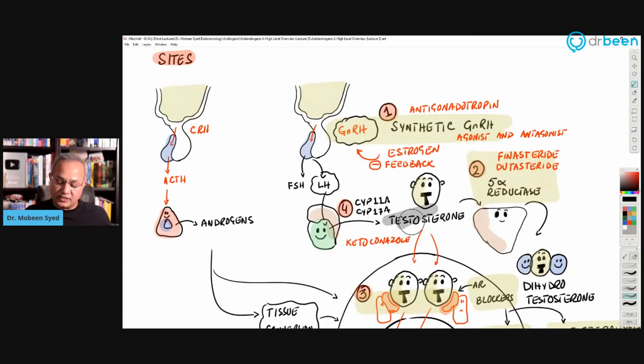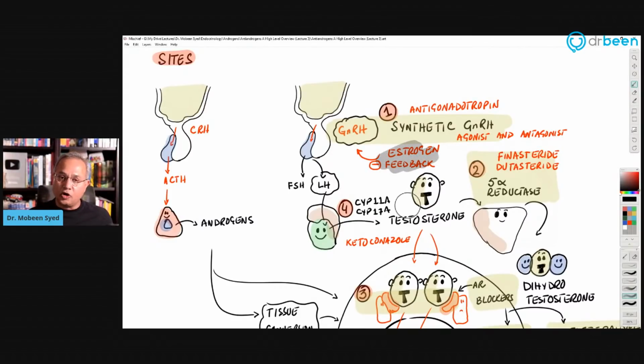You want more testosterone to be produced. So when the testosterone is produced and it is in the blood, you would now start measuring the level of testosterone. When you feel that enough level has been reached, then you would reduce the amount of GnRH production. This is a feedback mechanism.